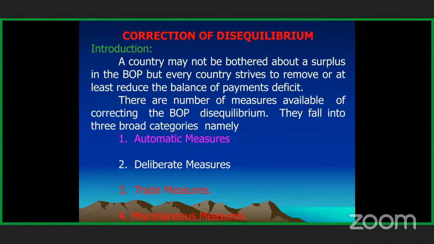Nowadays, we are looking at some countries like Pakistan. There is a temporary imbalance due to various reasons, political or economic.